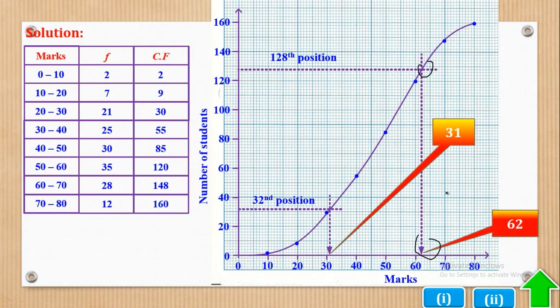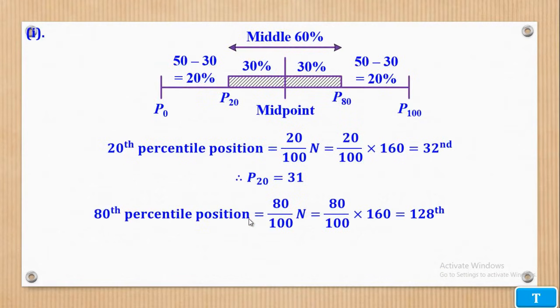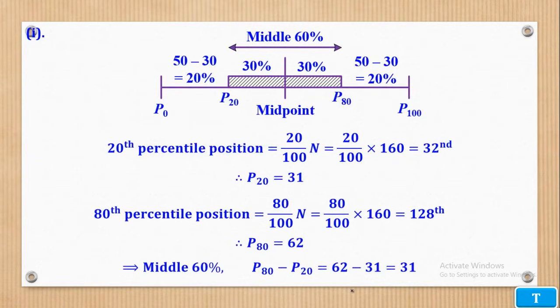It will be 62. Therefore, your P80 is 62. So you come here and say P80 is 62, therefore the middle 60% range is this minus this, which is 31. Okay, that was the middle 60%.